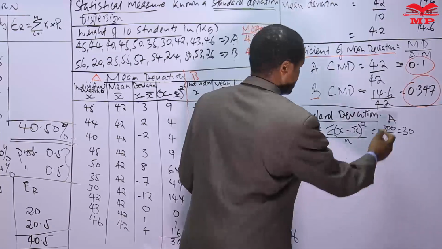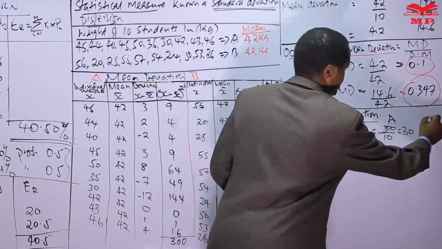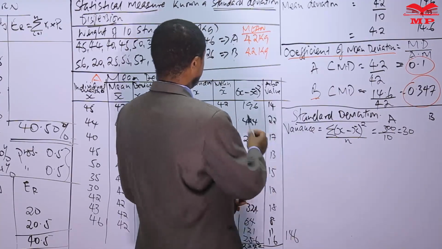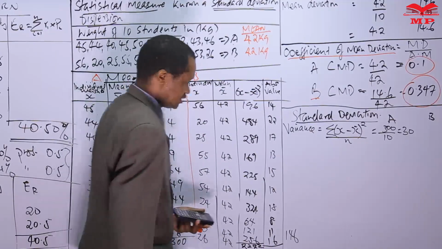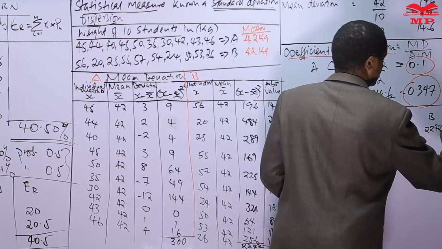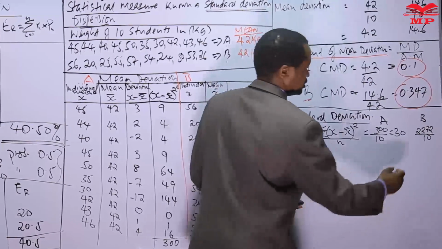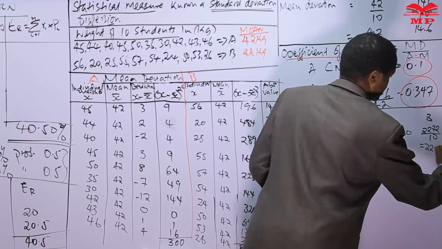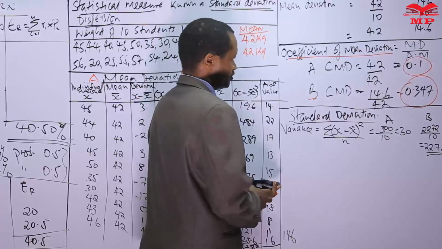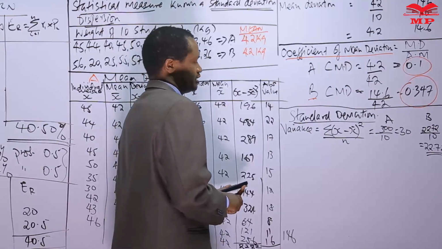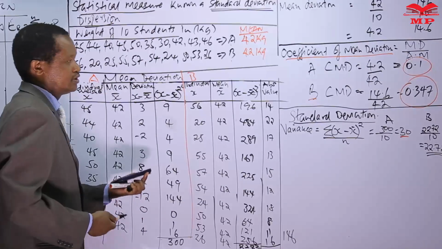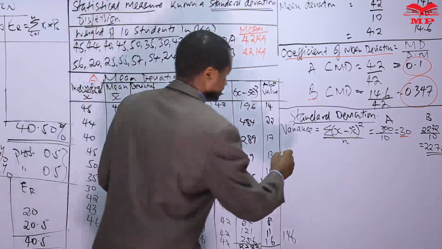For class B, it will be 2272 divided by 10, which is equal to 227.2. This is the variance for class B, and 30 the variance for class A. So we can now proceed and determine the standard deviation.